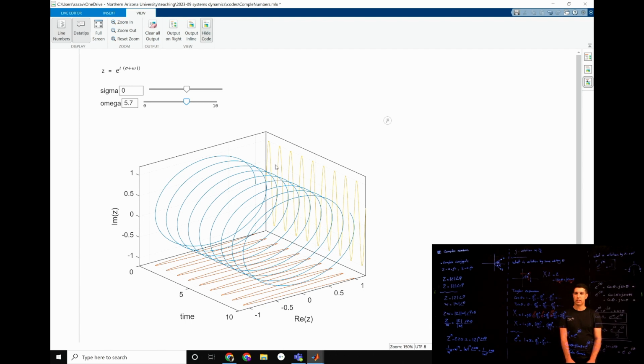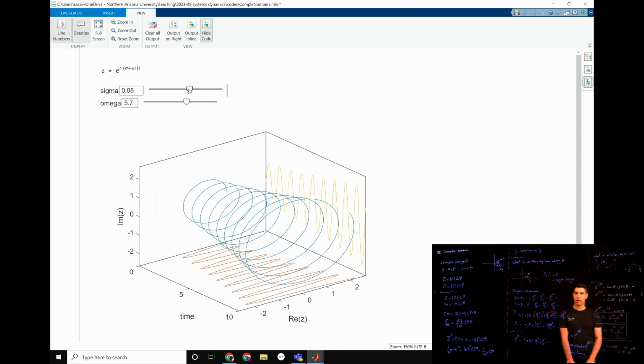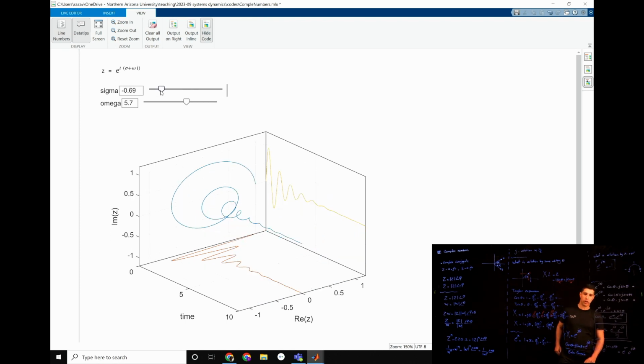Here, 10 seconds. And the real and imaginary parts, which are sines and cosines of omega t, just oscillate back and forth. When I introduce the real variable sigma, let's start with some negative number. Let me get rid of this for a second.